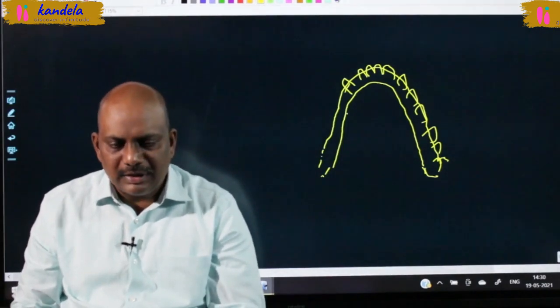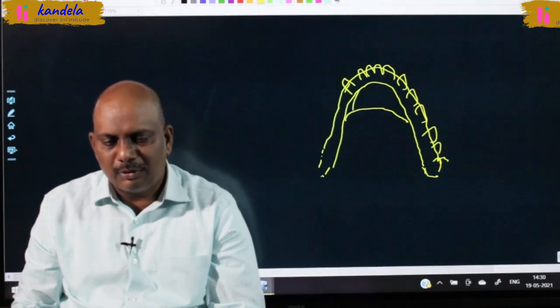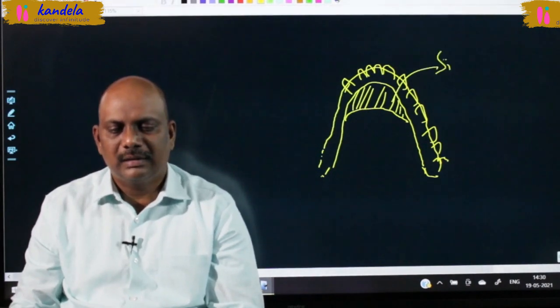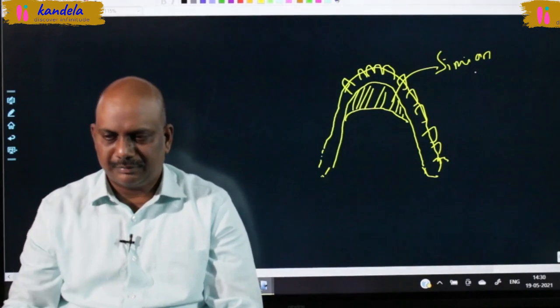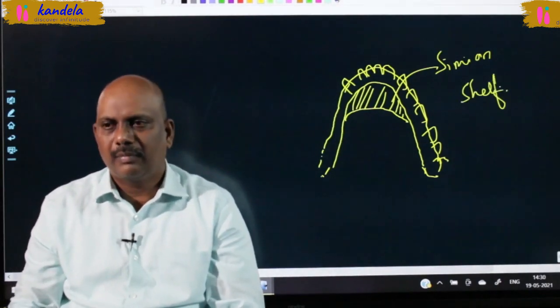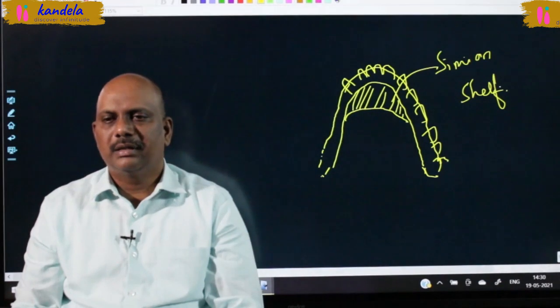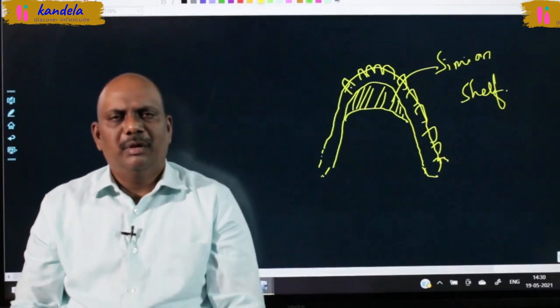Here in this region, for the primitive apes, the bone used to extend like this. This is called the simian shelf, which is found among most of the primitive apes.